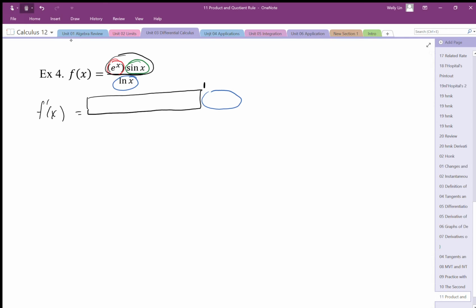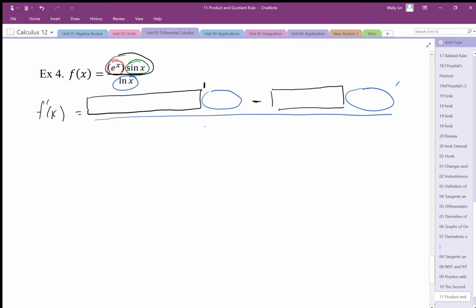Minus, sorry, I'm going to take my numerator and multiply it by the derivative of the denominator, and then all over top of that will be the denominator squared. So here you can see there is my quotient rule. The numerator is in black, the denominator is in blue.